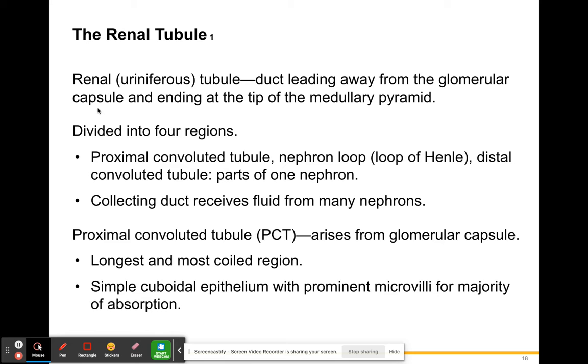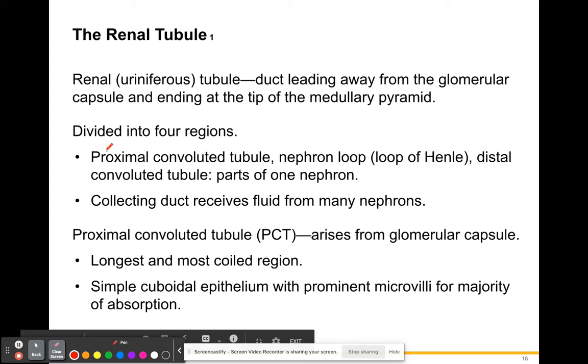So the tubule, the renal tubule, is that duct that leads away from the glomerulus, or the Bowman's capsule, and ends at the tip of the medullary pyramid of the kidney. We can divide it into four major regions. Number one is the proximal convoluted tubule, or the PCT. You're going to see that here. You see it right there. You're going to see that a lot, so please understand what it means.